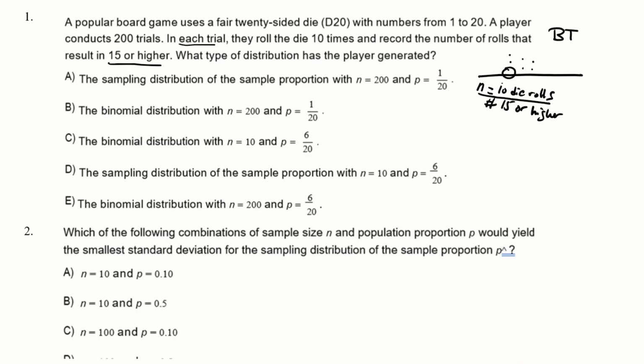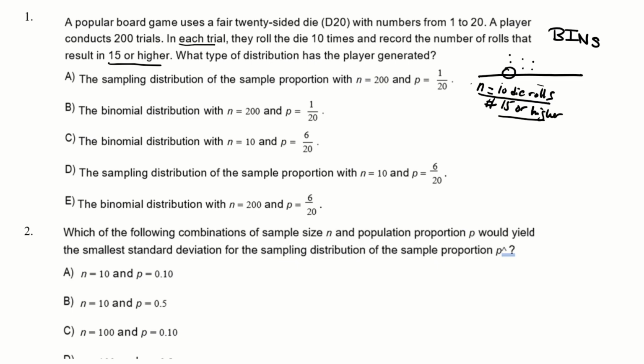So we have binary, we have independent, and we have the number, which in this case is going to be 10, and then the probability of success, which has to be the same. And what's the probability of success here? Well, what's the probability of getting a 15 or higher?